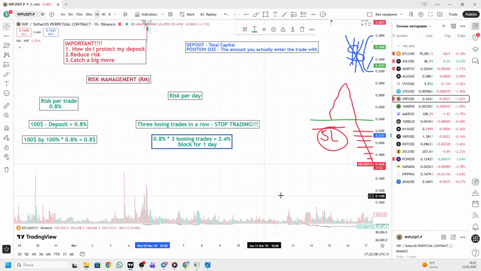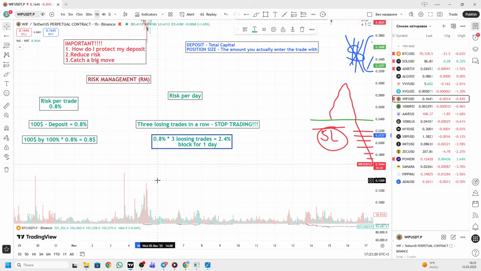I will send all of the pictures in the chat, so don't worry about that. So your daily risk limit is 2.4%, and if you hit that limit, you may get blocked from the trading. Don't be scared, guys. If it is your first time trading, it's absolutely possible to hit 3 losses. And yes, trading may get blocked.